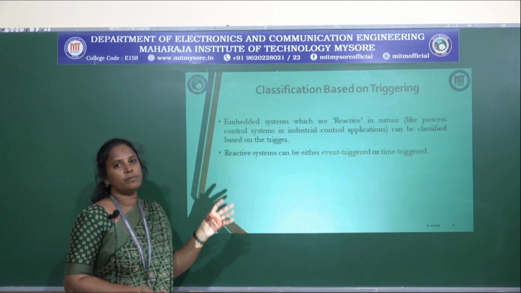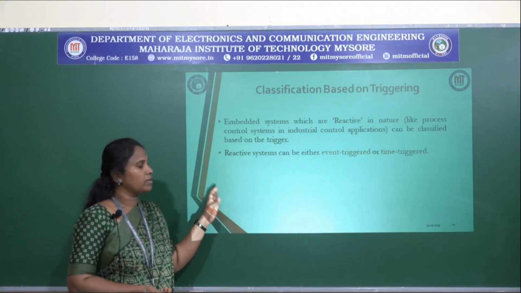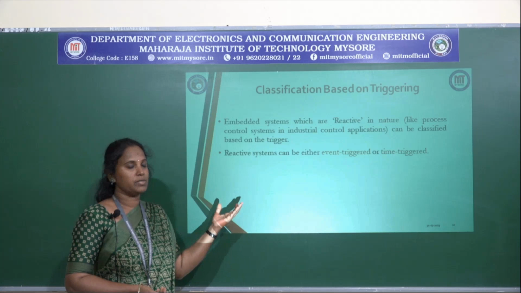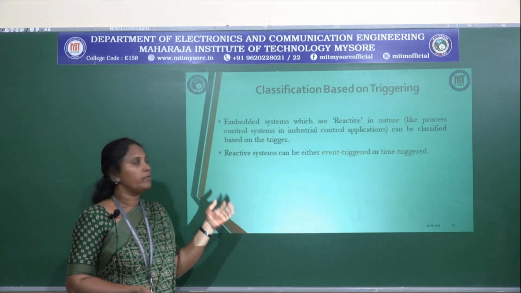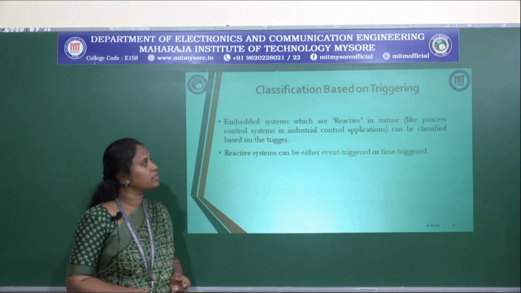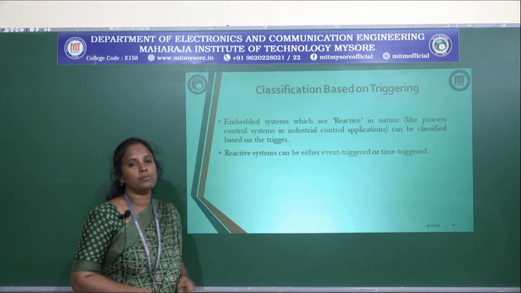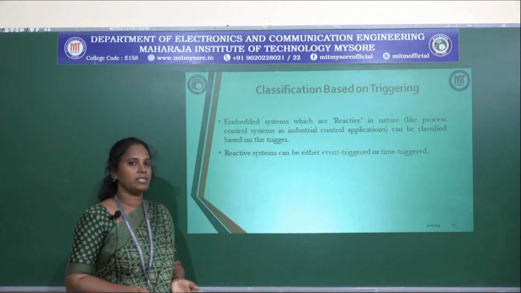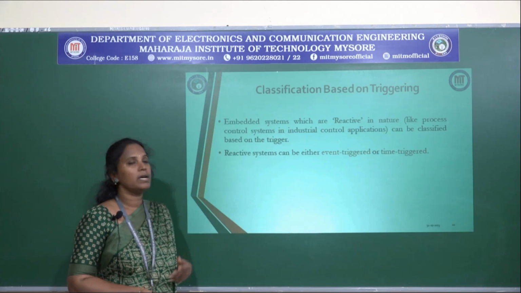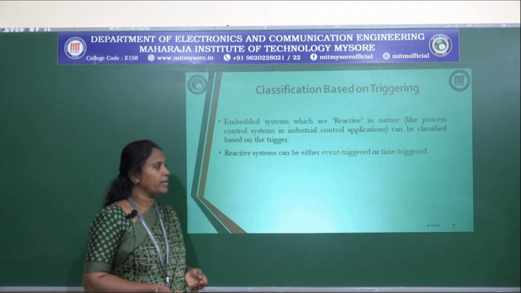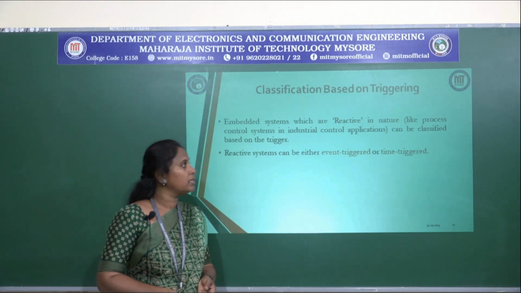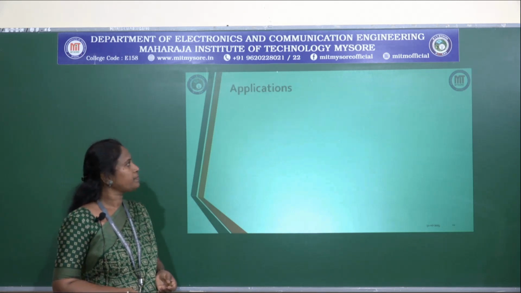That is what event triggered or time triggered refers to, where all reactive systems like control systems in controlling applications in industries use these event triggered or time triggered systems.